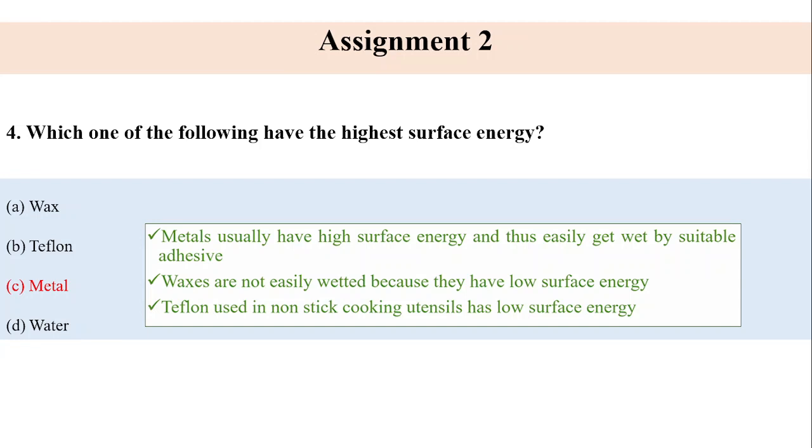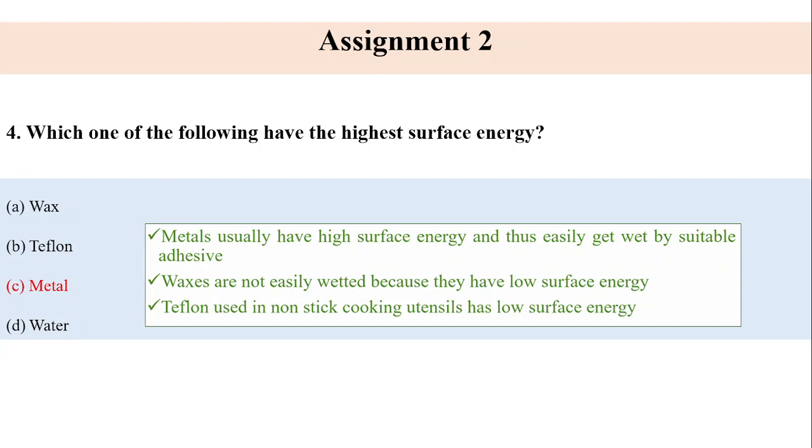Next, waxes are not easily wetted because they have low surface energy. You all know that wax cannot get easily wet. Next is Teflon. Teflon, as you all know, is used in non-stick cooking utensils. These have low surface energy and hence have less adhesive properties.